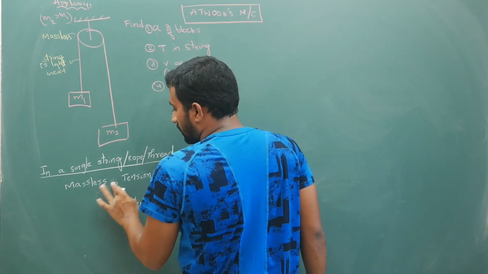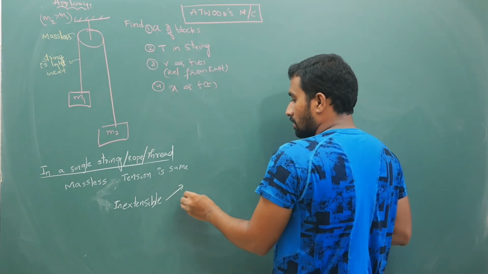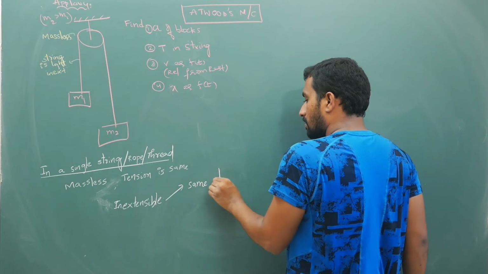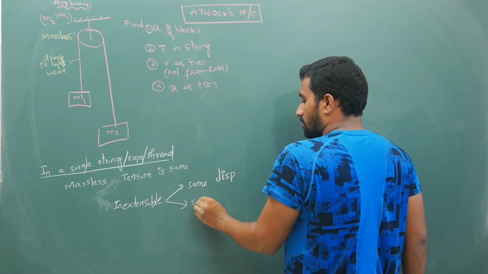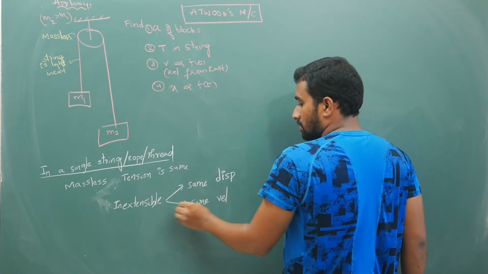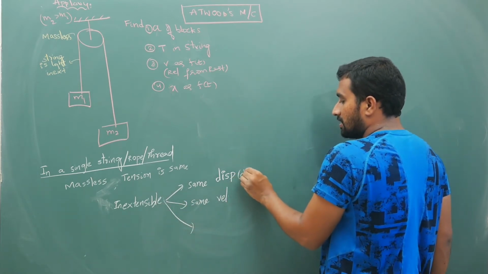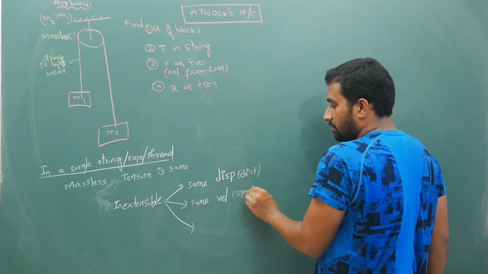okay, if you are using the word inextensible, then connected bodies will have same displacement, same velocity. Not velocity, same displacement in the sense distance you are taking, velocity in the sense speed, magnitude.